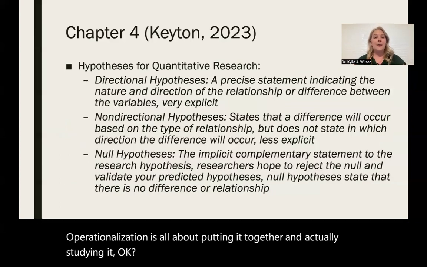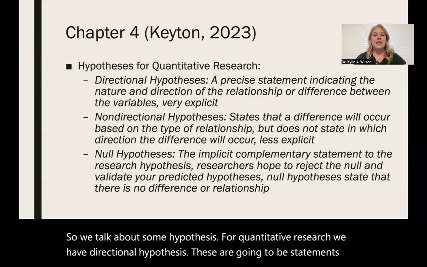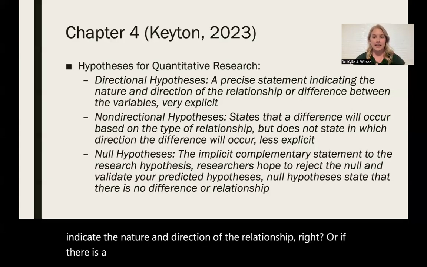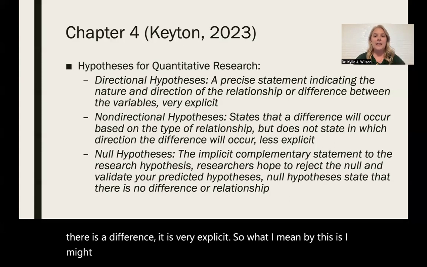So we talk about some hypotheses for quantitative research. We have directional hypotheses. These are going to be statements that indicate the nature and direction of the relationship, right? Or if there is a difference. It is very explicit. So what I mean by this is I might predict there will be a decrease in feelings of stigmatization.